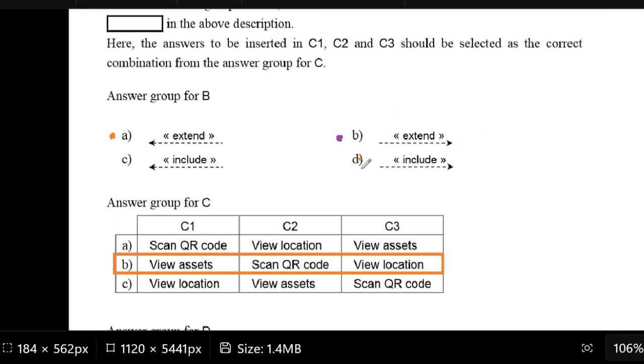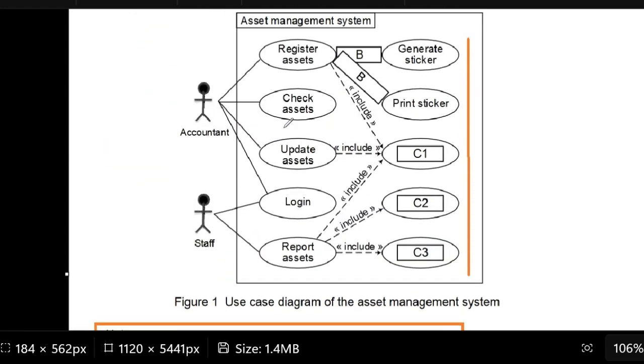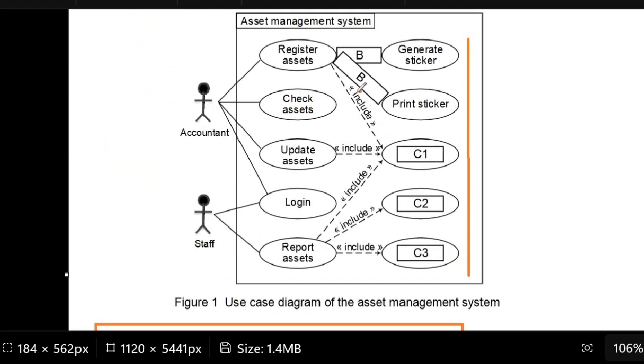That's why when I was answering this question a while ago, I was choosing whether it was A or B, and actually I got the incorrect answer. If we take a look at the diagram, we see that the include has all the arrows going this way, right? And so I thought that the extend would also be going this way, to the right, but it turns out it has to be going to the left.